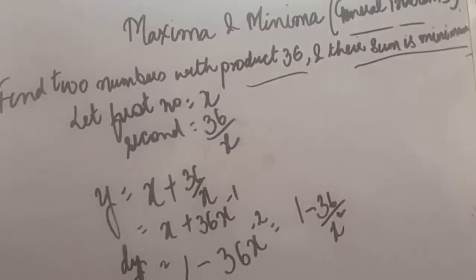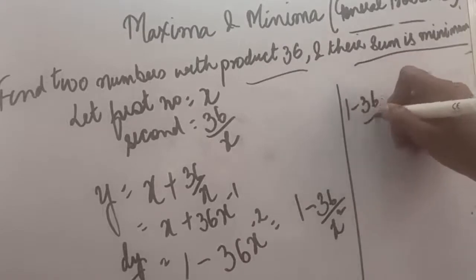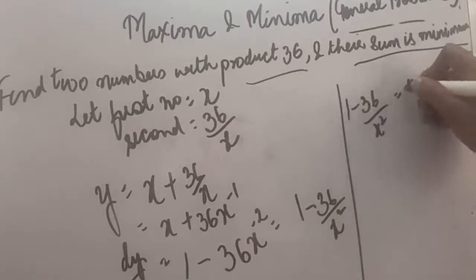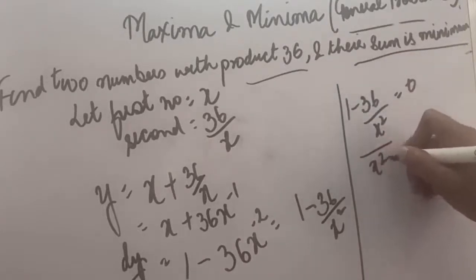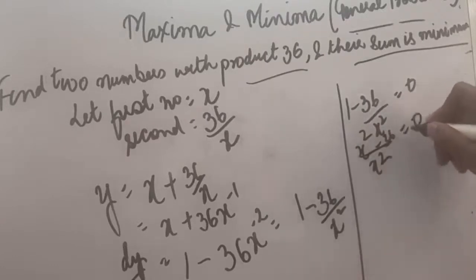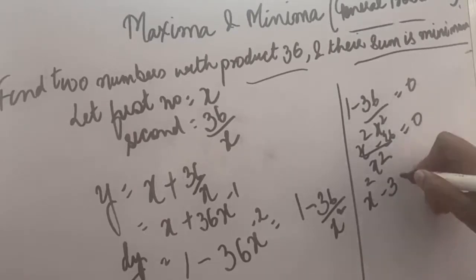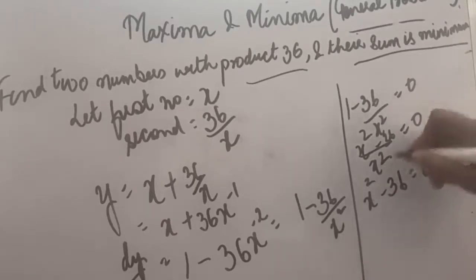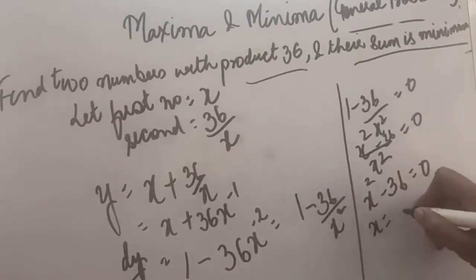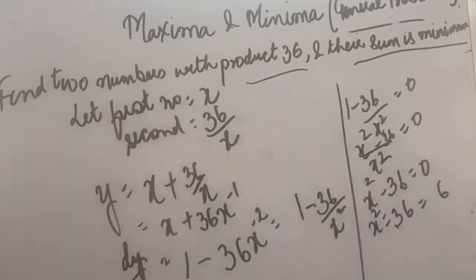Now the next step is to put this derivative equal to 0. So 1 minus 36 by x square is equal to 0. Let us take the LCM. It will be x square minus 36 is equal to 0, by cross multiplying. So x square will be 36 and ultimately its square root will be 6.